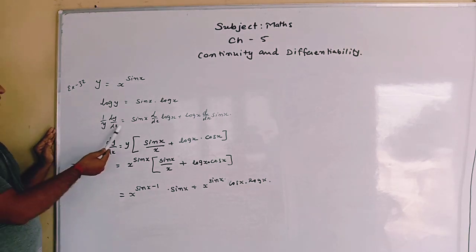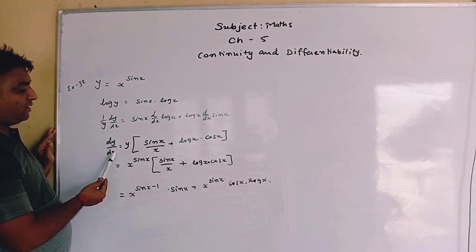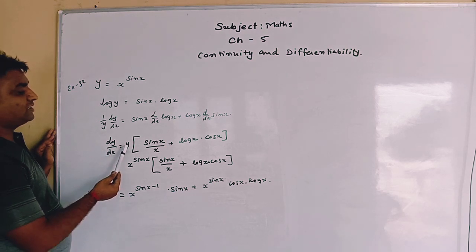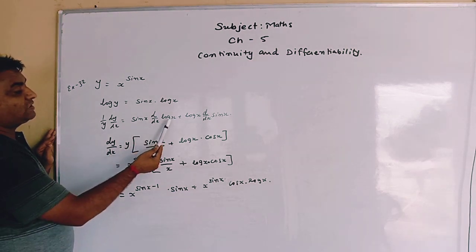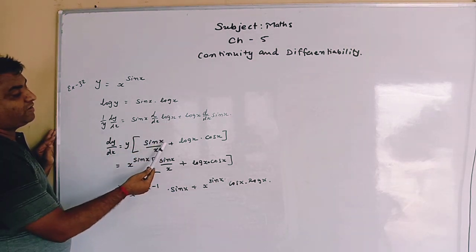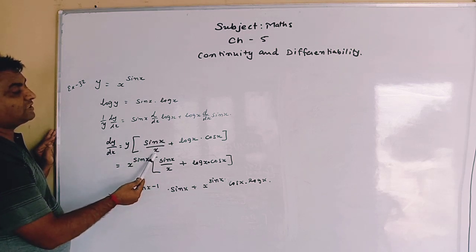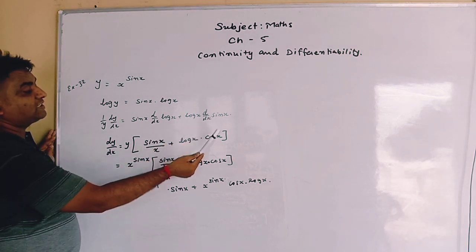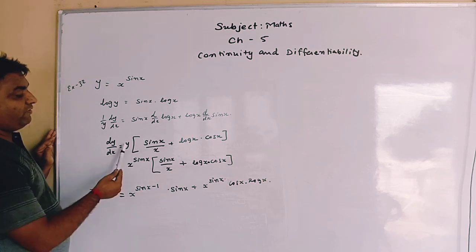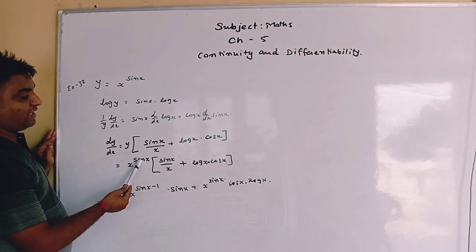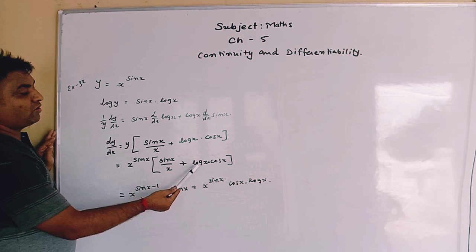And so we take y to the other side, so dy by dx is equal to y into sin x upon x plus log x into cos x, and for y we substitute x raised to sin x: x raised to sin x into sin x upon x plus log x into cos x.